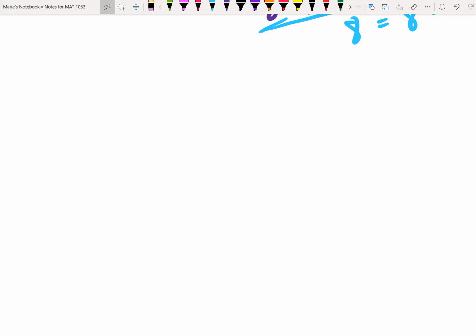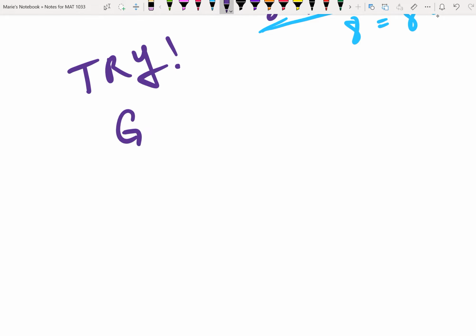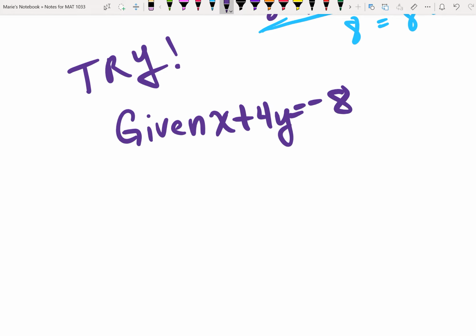Alright, so let's try another one in this example. And again, in this case, let's use the equation. So we're going to try, given the equation x plus 4y is equal to negative 8, and let's say I gave you the coordinate point negative 2, negative 1.